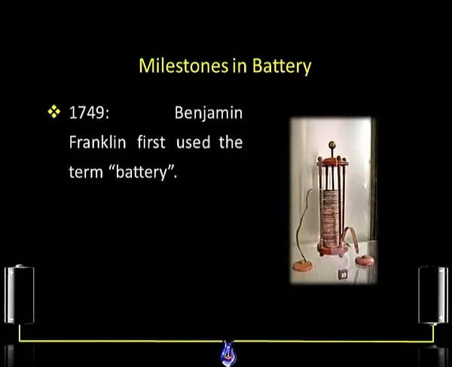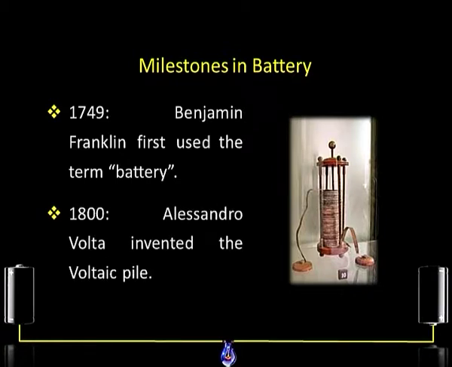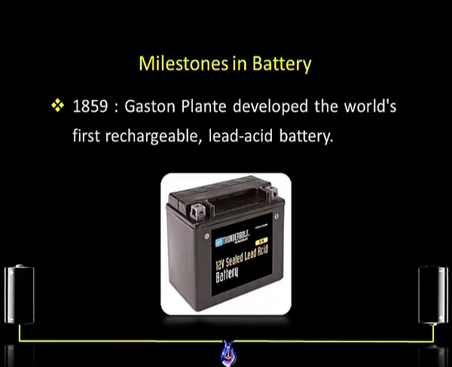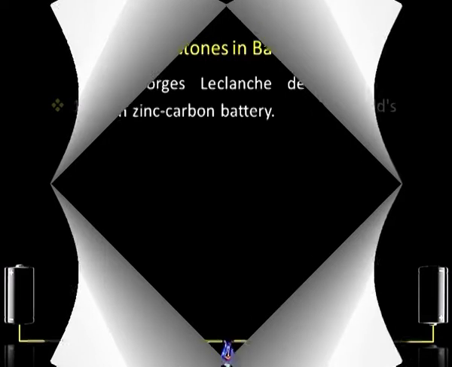But the term battery was first used by Benjamin Franklin in 1749. Afterwards, in 1800, Alessandro Volta invented the voltaic pile, which was also referred to as a battery. In 1859, the first rechargeable lead acid battery, a type of secondary battery, was developed by Gaston Plante.